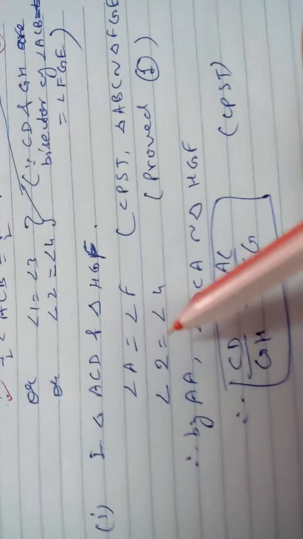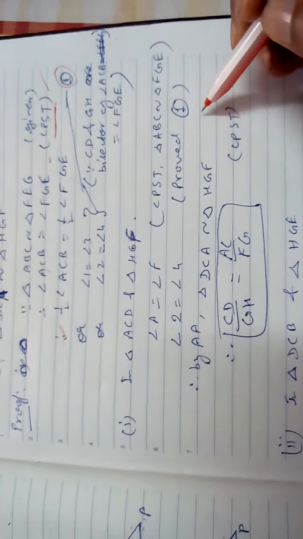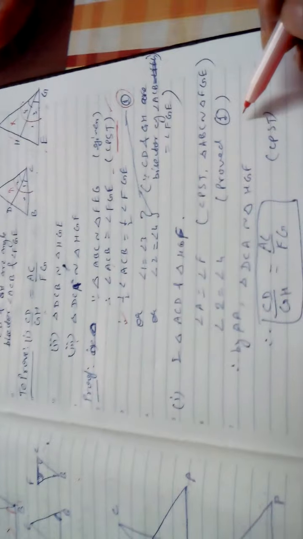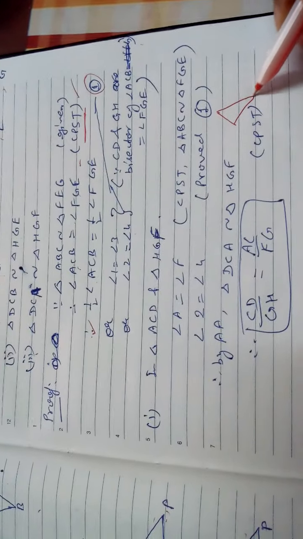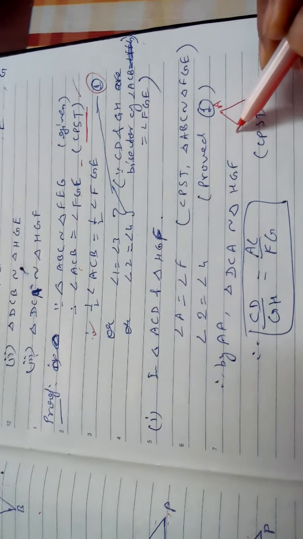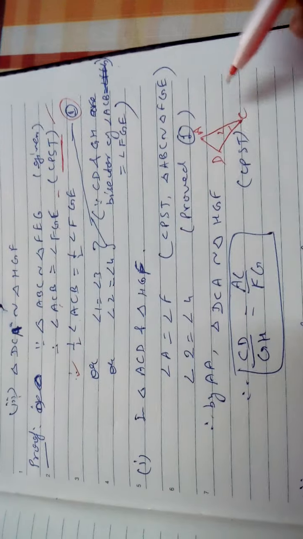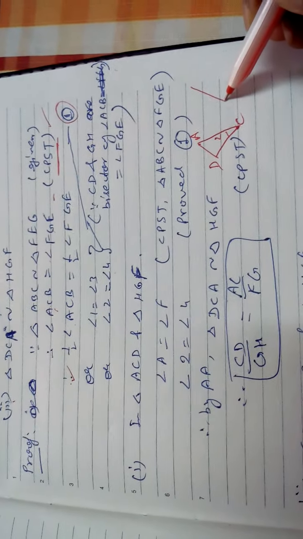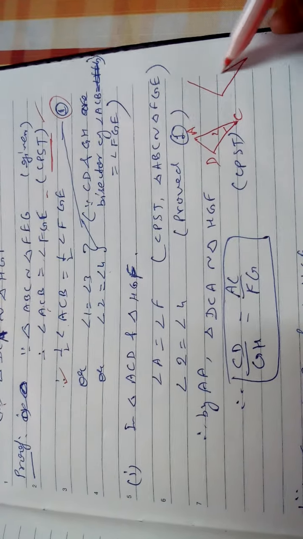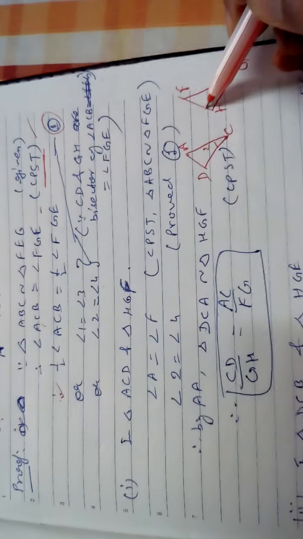Now first part. For the proof of the first part, you want the two triangles. One name is ACD, where angles 1, 2 are given. Another is FGH.